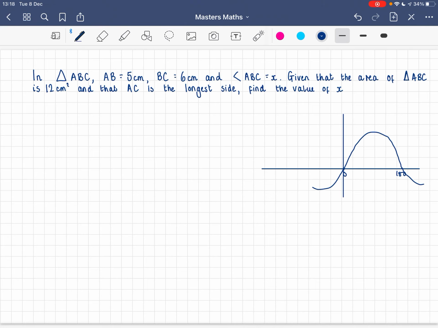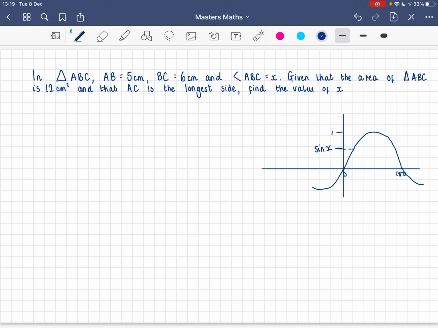So that would be 0, that would be 180. This is the value you get when you put your angle into sine. So say this is sine X, and that would be some number between 0 and 1. Obviously your highest point is 1, and 0 is down here. So that sine X would give you some number that is less than 1, bigger than 0.